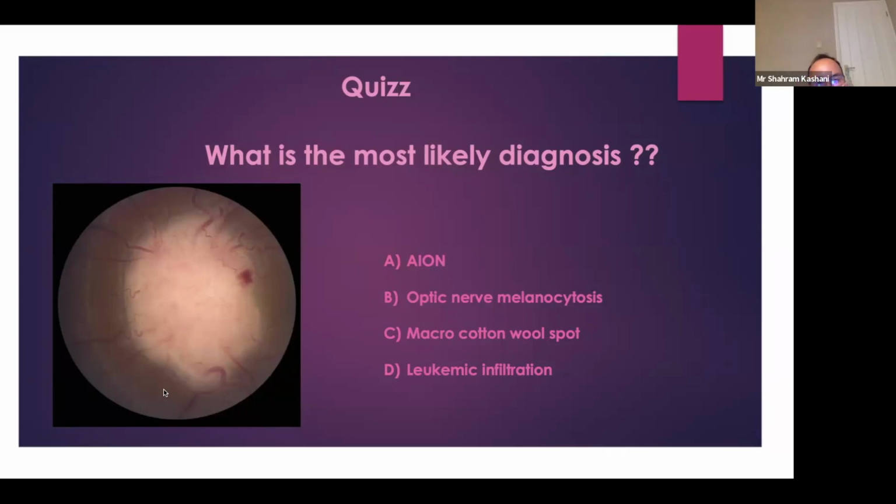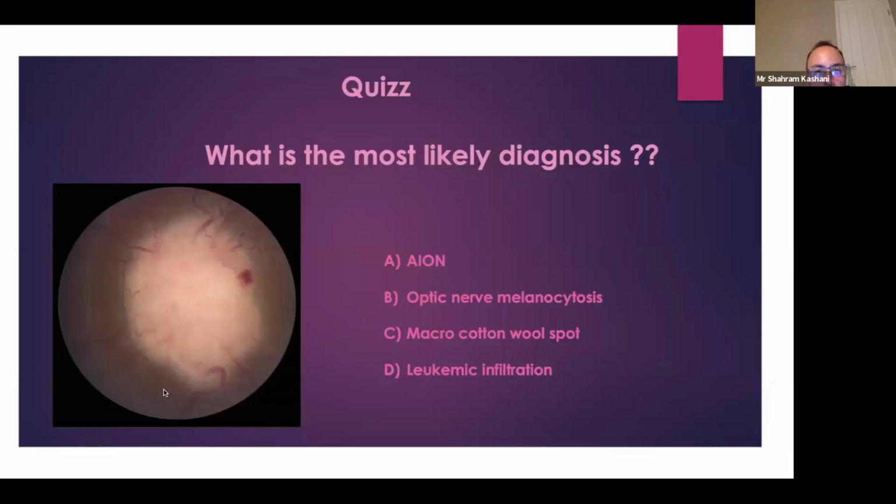Okay, so let's see what we've got. Okay, so another one that's interesting, even split, but I think the majority have got it wrong. Okay, fine. So macro cotton wool spot doesn't exist. I just made that up.